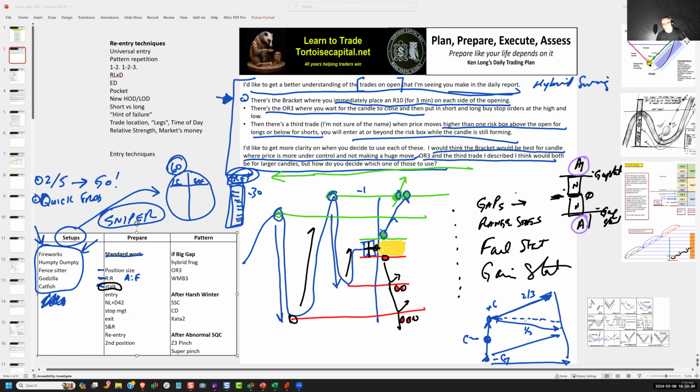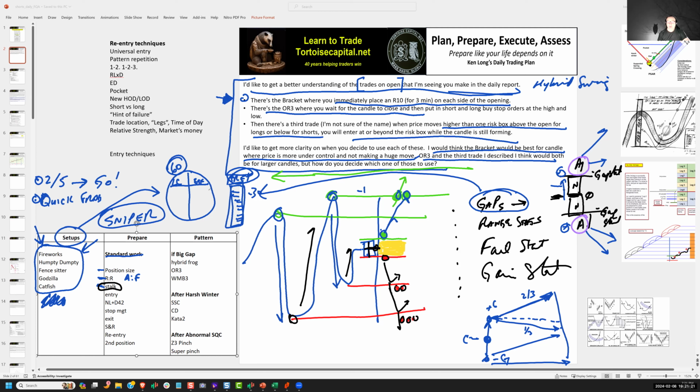But the magnitude of the gap matters because what we do know is that the bigger the gap, the bigger the follow through. So all other things being equal, I want to know what the gap statistics are for the things that are on my prep list to know if that thing is in that range of abnormal. Because if it's abnormal, I have a greater than normal chance of getting a range stat move that day.